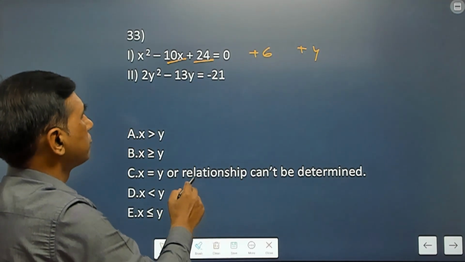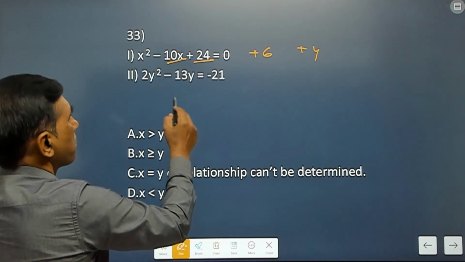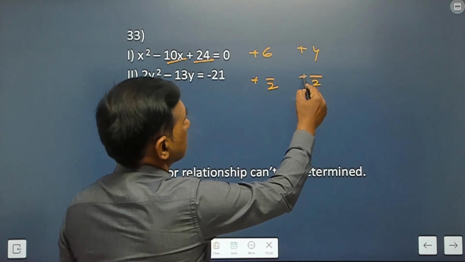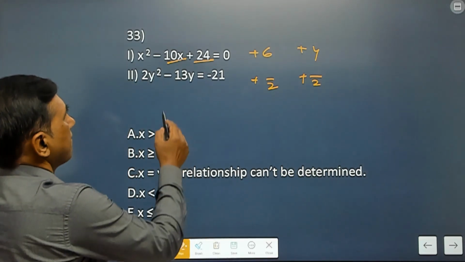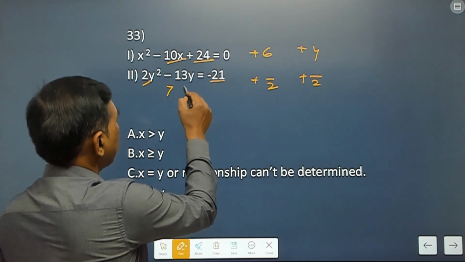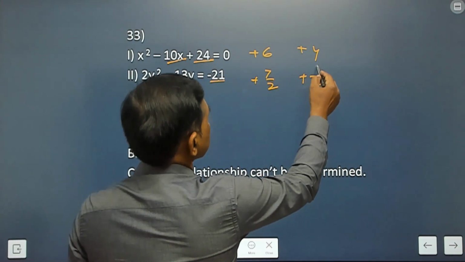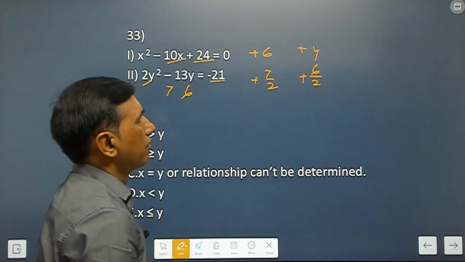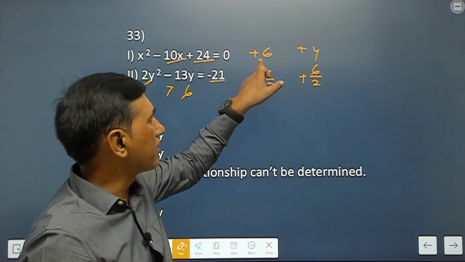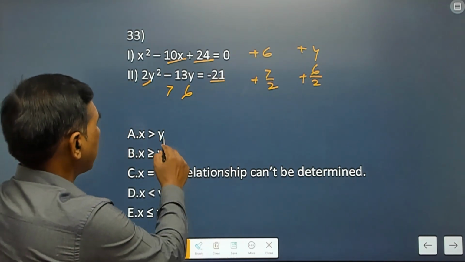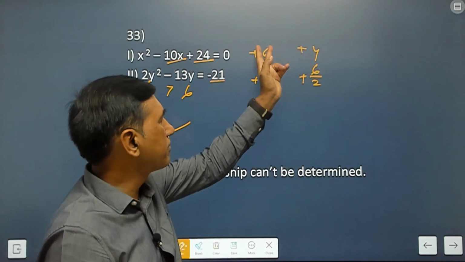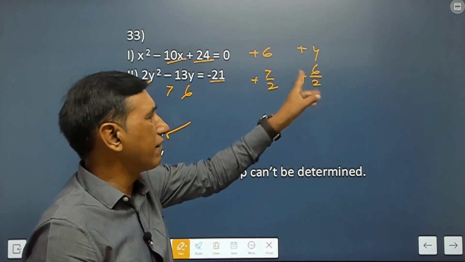This will also be 21 2 42. So this will be 7 and 6. So this is 3.5. This is 3. This is 4. This is 6. So x is always greater than y. No matter whether it is 4 or 6, it will be more than 3.5 and 3.